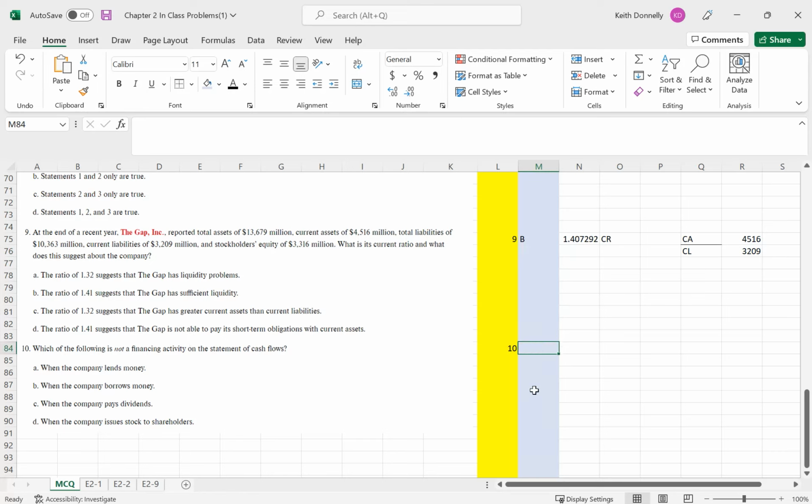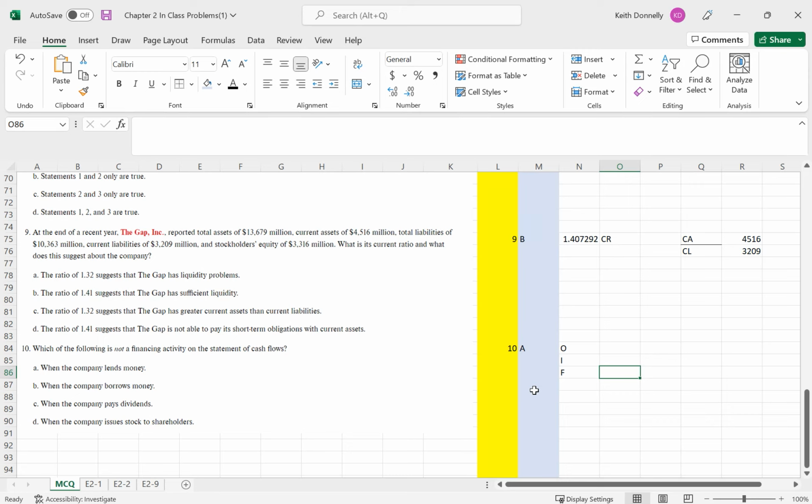Number 10 says, which of the following is not a financing activity on the statement of cash flows? So this one is going to be A. We'll talk about this in a later chapter, with more detailed information about the statement of cash flows. In short, you have your inflows and your outflows, and each time you categorize them as operating, investing, or financing.